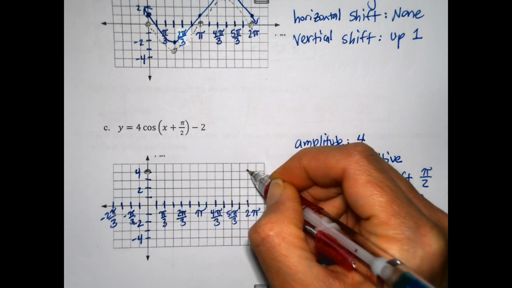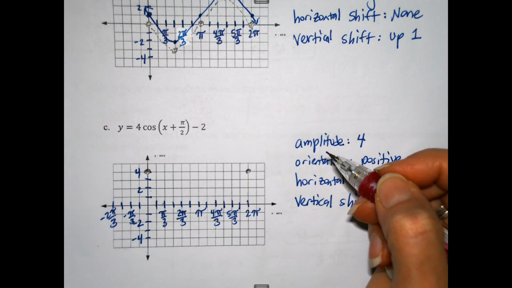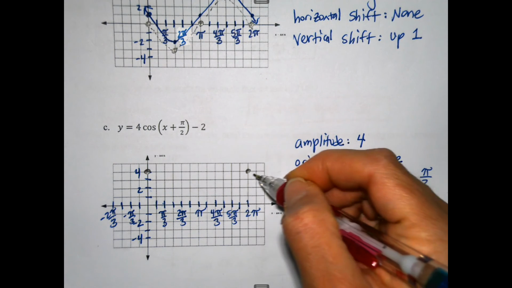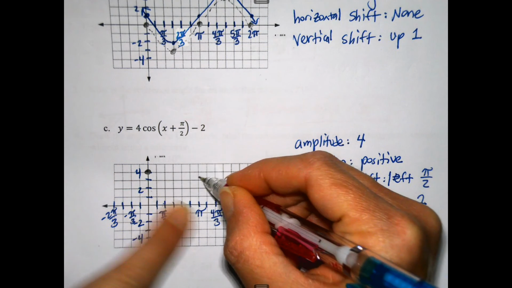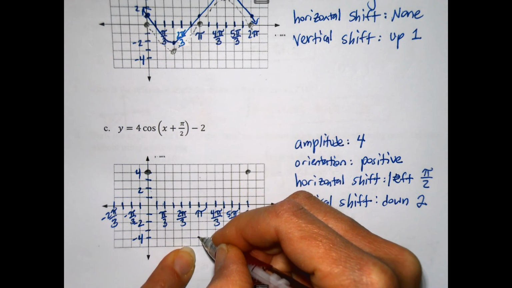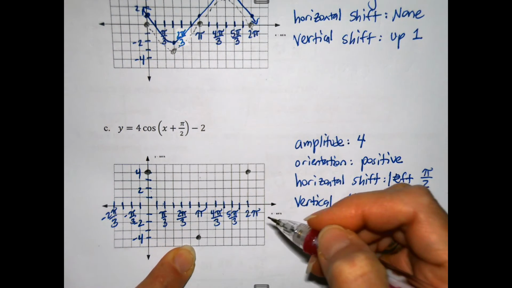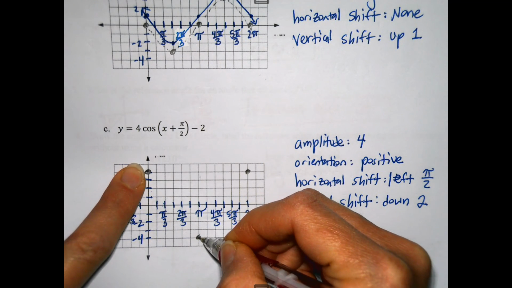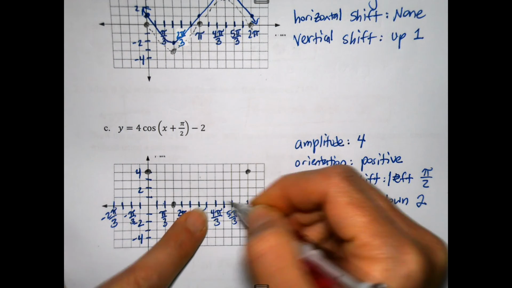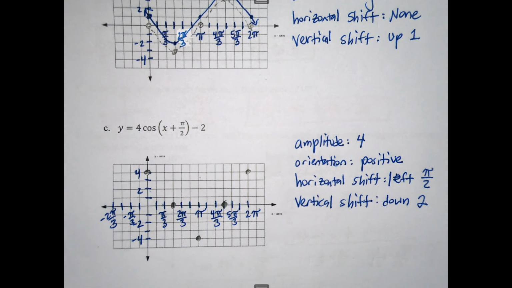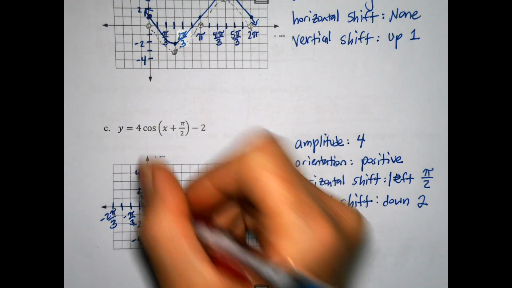So they end at 2 pi up at positive 4 also. Halfway in between, or at pi, we go down to a minimum, negative 4. And then halfway in between a maximum and minimum, at pi over 2 and at 3 pi over 2, we get our 0 values.